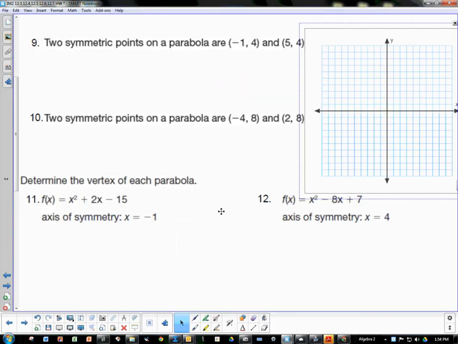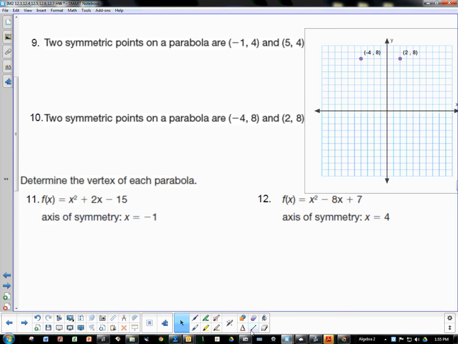All right, let's try this next one, number 10. It states here that we have two symmetric points on the parabola are -4, 8, and 2, 8. So -4, 8 happens to be right there. And then we have 2, 8. So here is 2, comma 8.